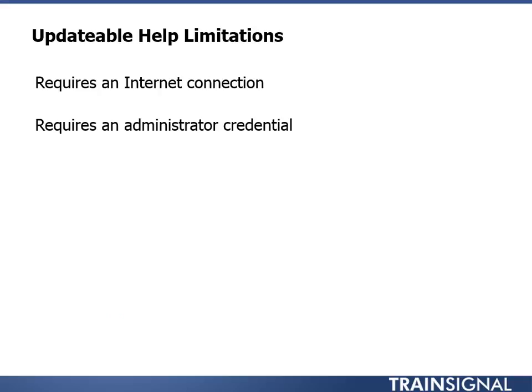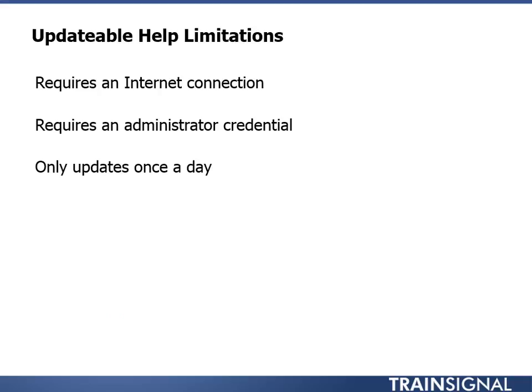However, there are a few limitations you need to be aware of. Obviously, this does require an internet connection. So if you have a server that is not publicly facing the internet, you can't update help. We'll show you that when we get to save help, how you can solve that problem. And again, it does require an administrative credential. That could be a limitation for some people. You can only use update help once a day.